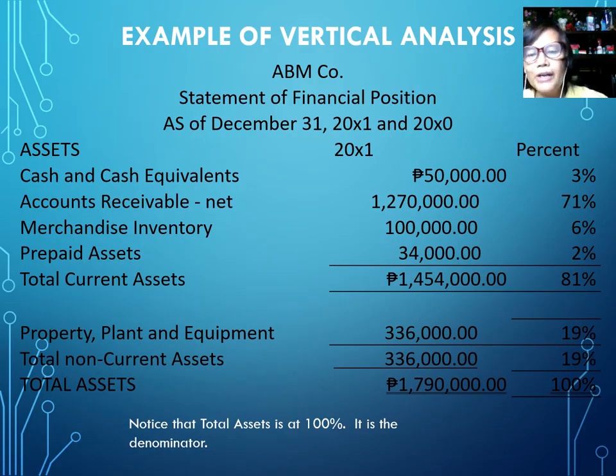But if you are going to divide 1,454,000 by 1,790,000, it is 81 something, so it was rounded up to 81. And then how about property, plant, and equipment? Remember that this is a net. So 336,000 over 1,790,000, it is what? 19%.